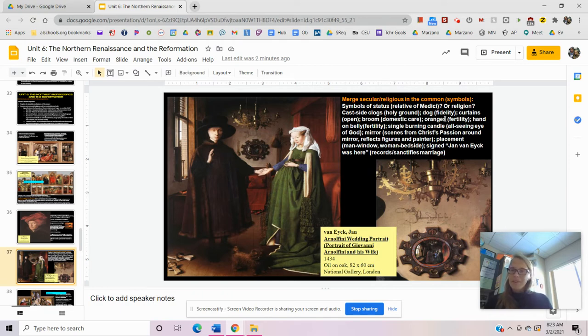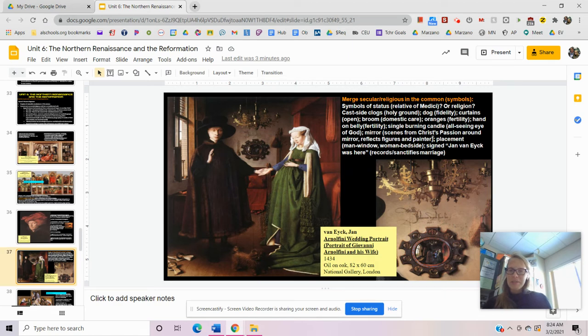Oranges represented fertility, hand on a big belly, seeming to suggest family as well. And if you look at the faces too, wife's face downcast, looking towards husband, he's holding her hand. His face much more focused, looks like on spiritual things or on thoughts, not so much on her, even the hand gesture like that.